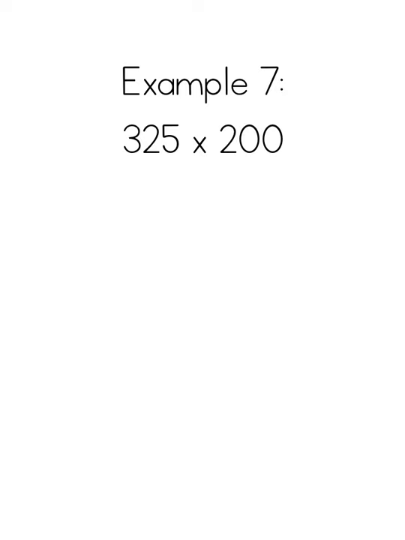Now let's look at an example where both numbers have 3 digits. When both numbers have 3 digits, the rule for which number to keep stays the same. 200 ends in 0, which means it's a multiple of 10, which means it's going to be easy to multiply with. So that's the one we want to keep. And we'll break 325 up into groups. That's a 3-digit number, so I know I'm going to need 3 groups of parentheses. And I know that each of those groups needs to contain the number 200.